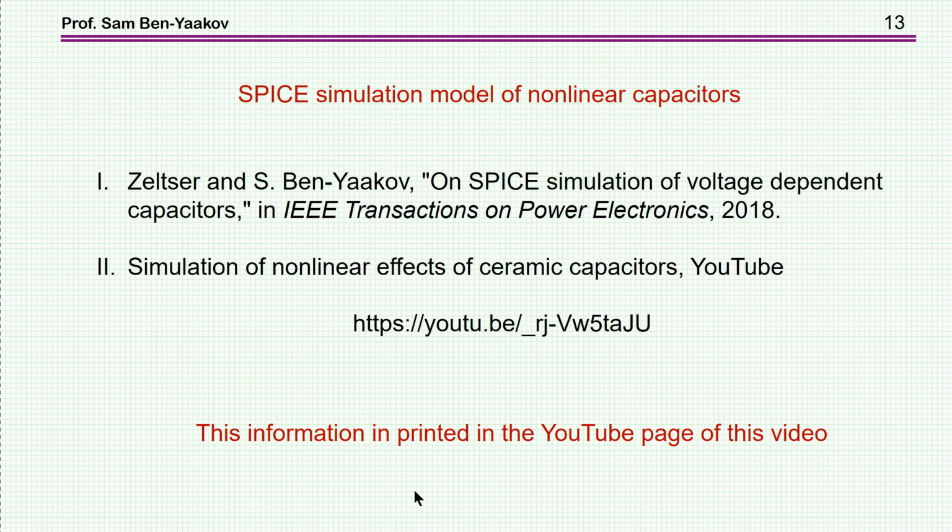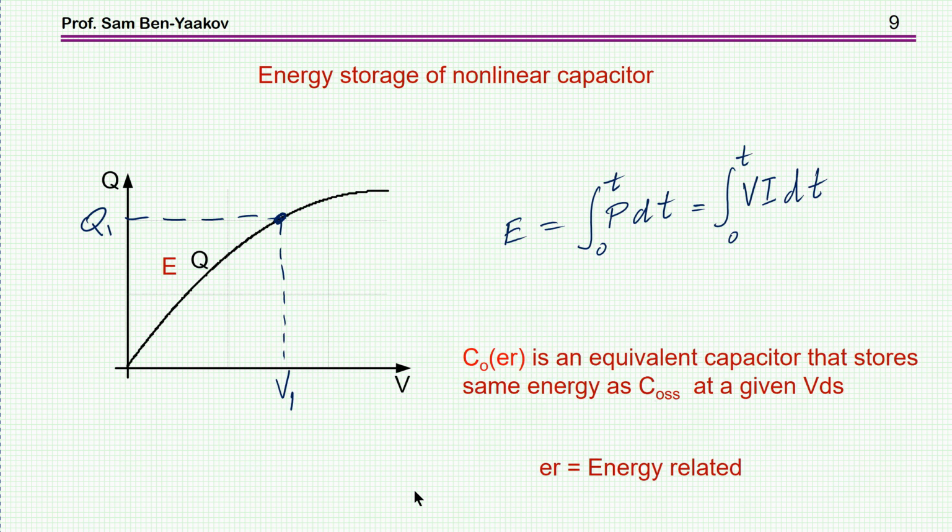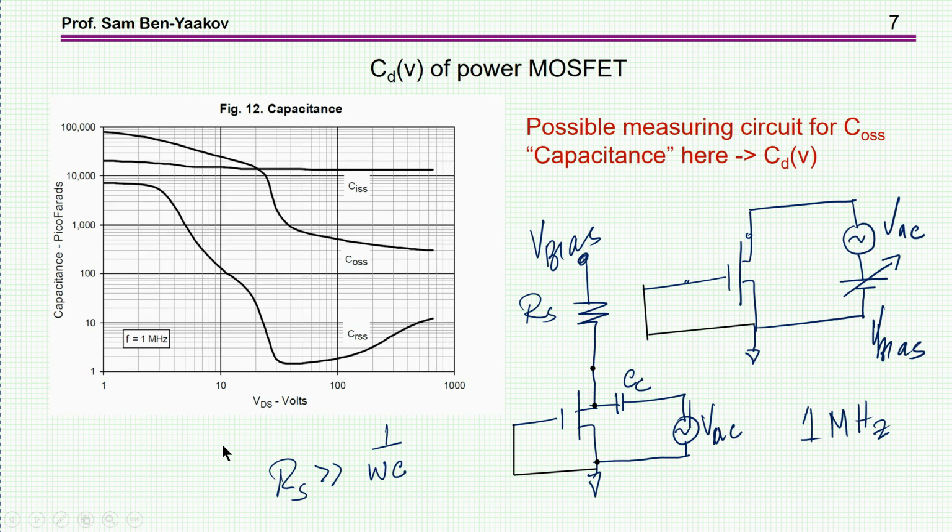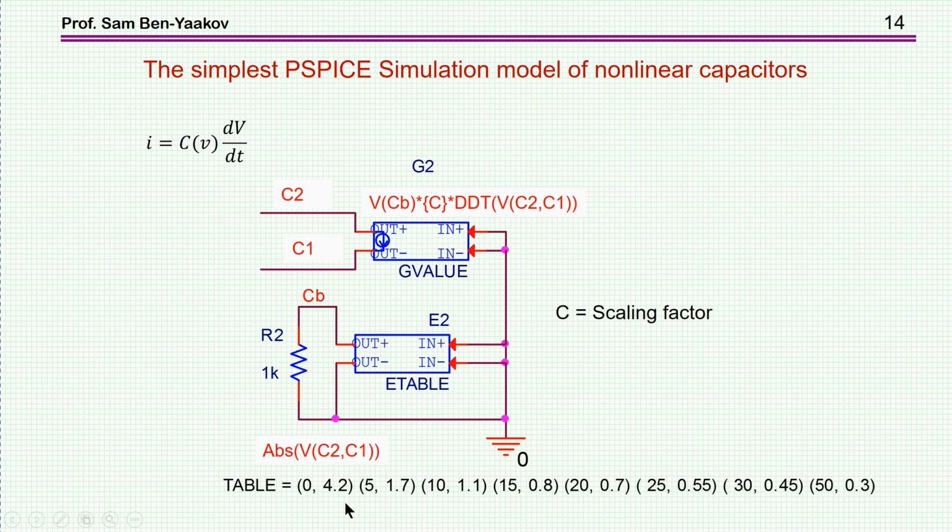Let me go back now for a second. Here it is. We are talking about C out at S. Here, this is capacitance as a function of voltage. So each point here is XY. X is the voltage, Y is the capacitance. So this is the information stored in this table.